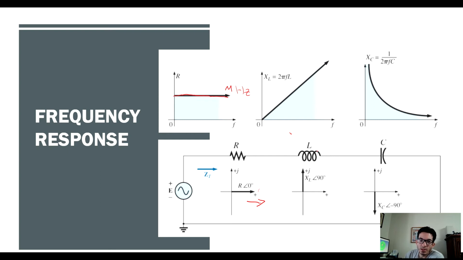But in the case of the inductor, first of all, the response of the reactance because of the inductor is going to be a linear response because everything is a linear combination of the coefficients times 2 pi. So 2 pi is a constant times the frequency, which you're varying, times the inductance.